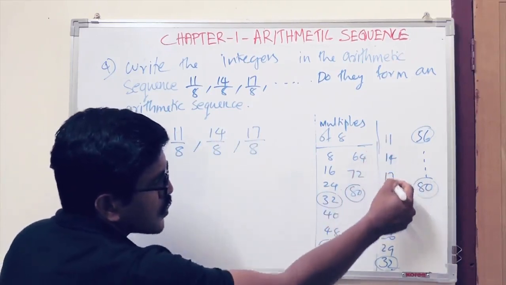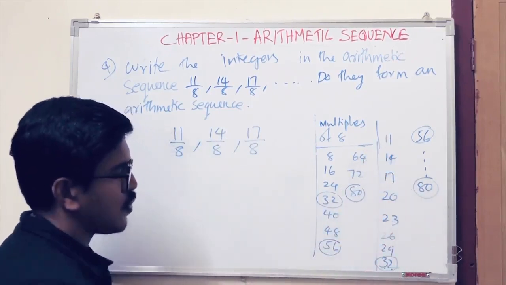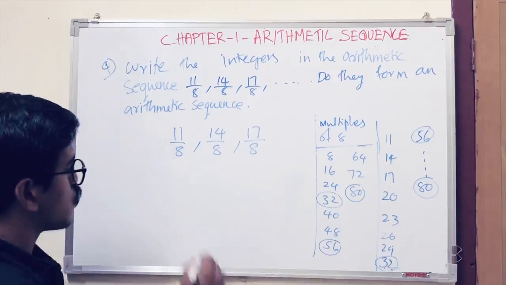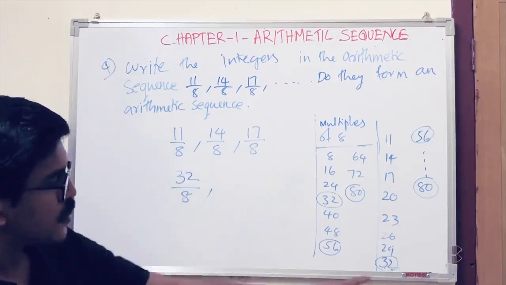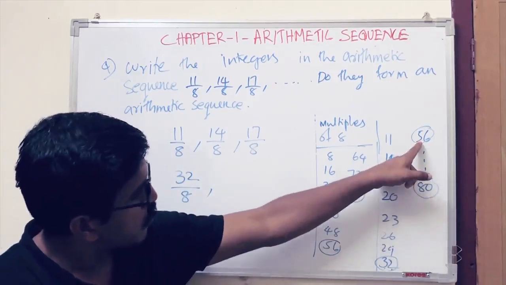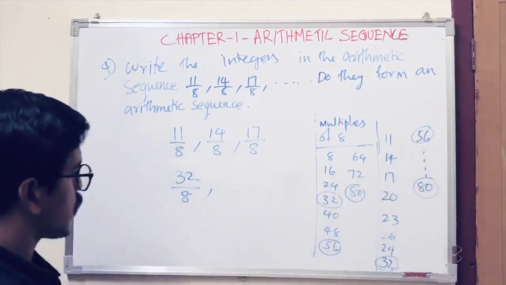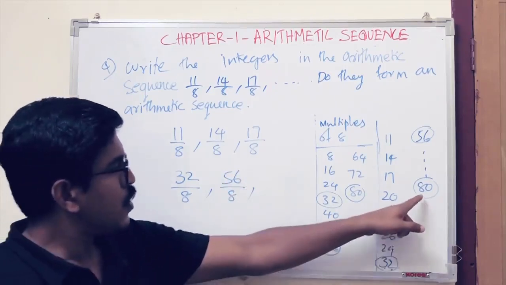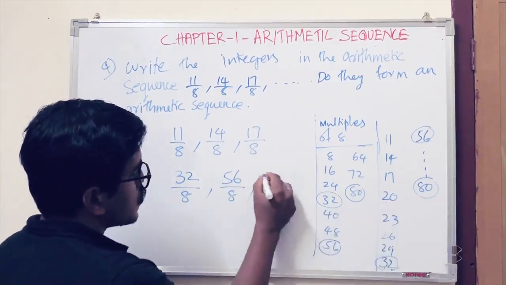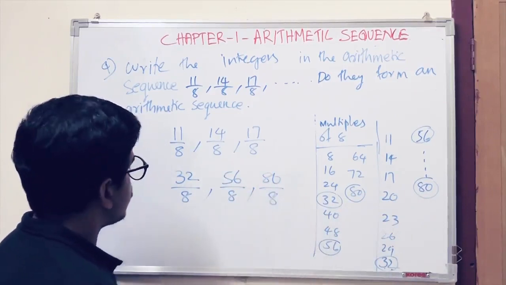Proceeding like this, you can see the first multiple of 8 is 32. That is 32/8 we can write. Then the second multiple of 8, 56, is coming. That is 56/8 we can write. And here one more multiple, 80, we can write like this.